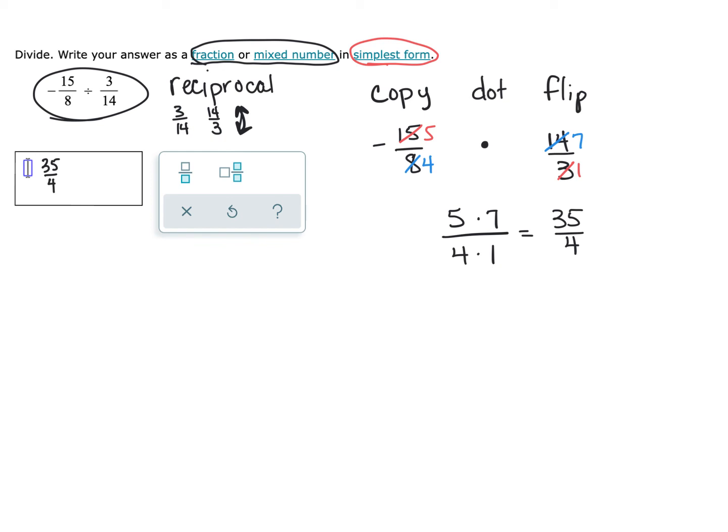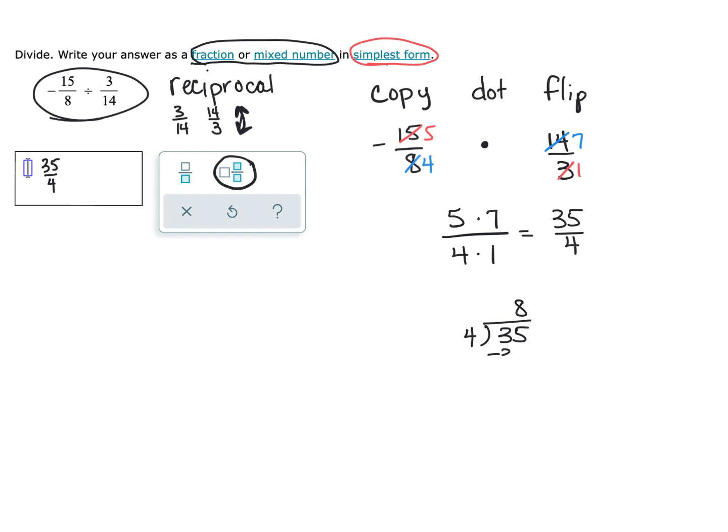But if it did require the mixed number here, then I would just think to myself that that fraction bar also means divide: 35 divided by 4. 4 goes into 35. This is kind of the long method, but again, because of the level of math that we're working at, we want to be able to look at this. 4 goes into 35 8 times.